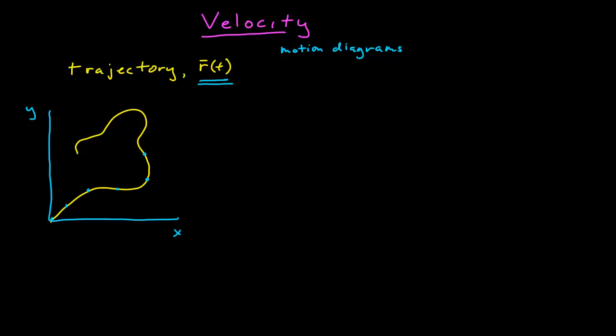And so I could write out that position in time, that vector function, and it can have an x component, which is a continuous function of time, plus a y component that is a continuous function of time. And at the moment, these functions could be arbitrary. For example, this function might be some sort of polynomial.